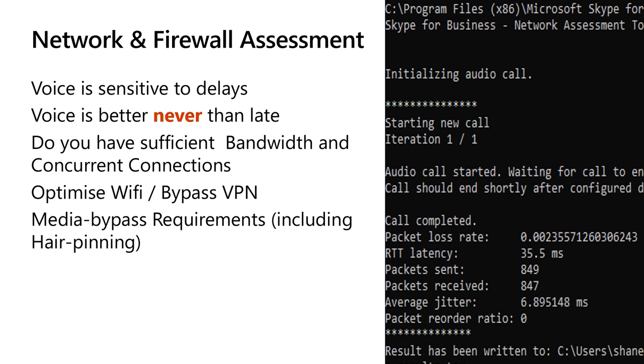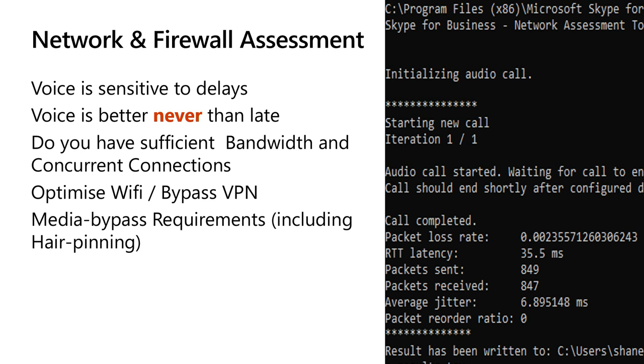One of the most important things that I find that people miss is doing a network and firewall assessment. Really simple, you can download the Skype for Business Network Assessment Toolkit and you run it. Basically, it makes a 17-second phone call and does audio, and then it works out packet loss, RTT latency, and so forth.